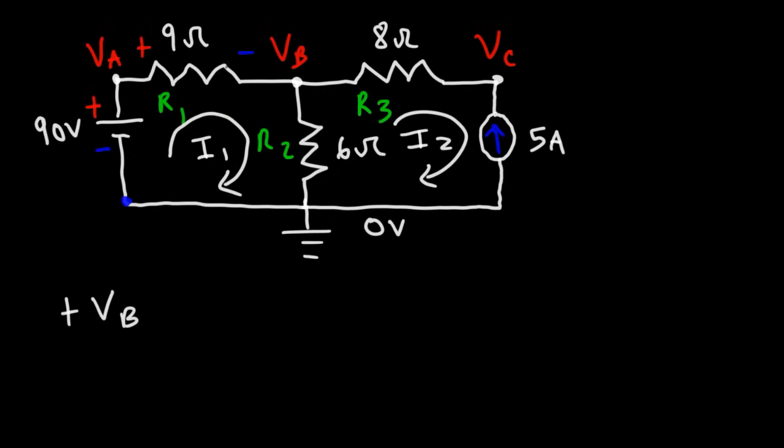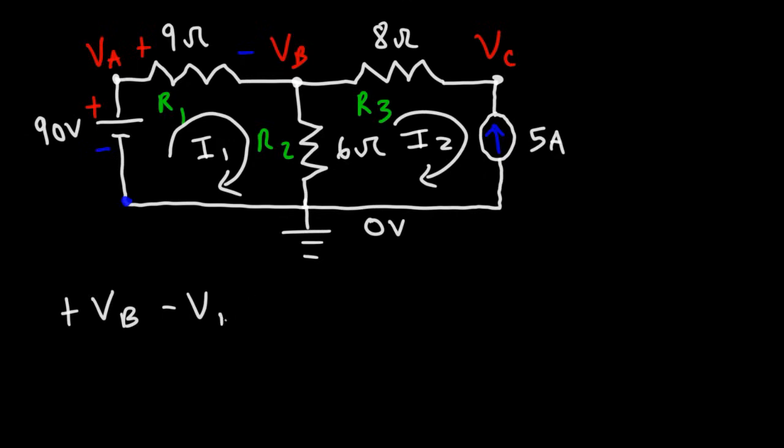This is going to be the negative side. Current always flows from a high potential to a low potential. So that's going to be a voltage drop. Resistors tend to be associated with a voltage drop because they consume energy from a circuit, whereas batteries tend to provide energy to the circuit, so typically they're associated with a voltage rise.